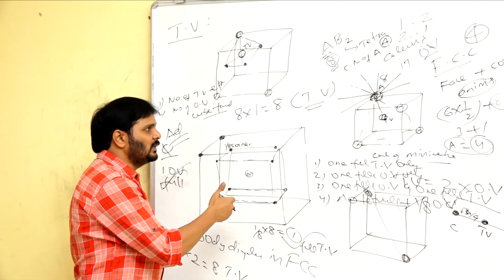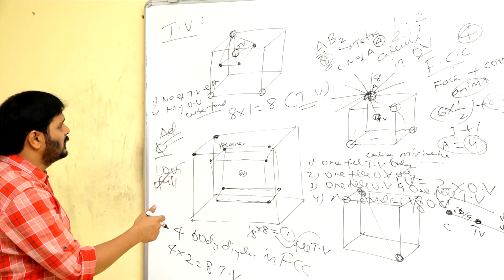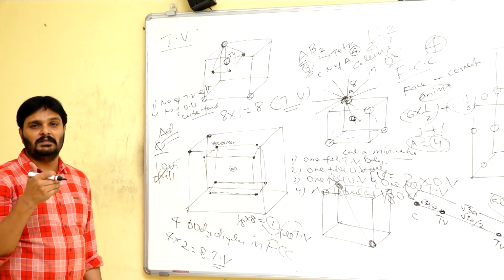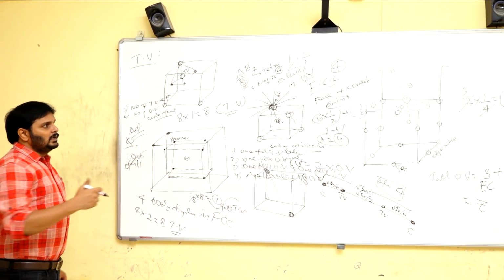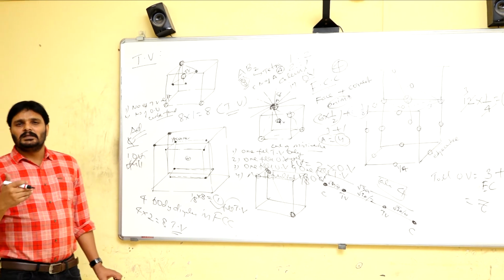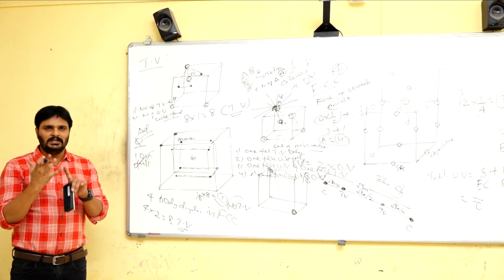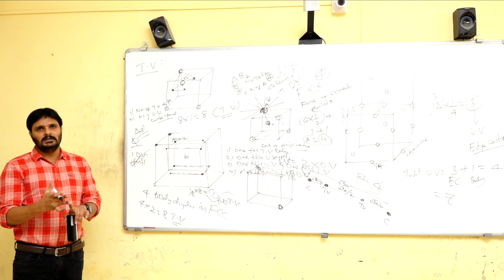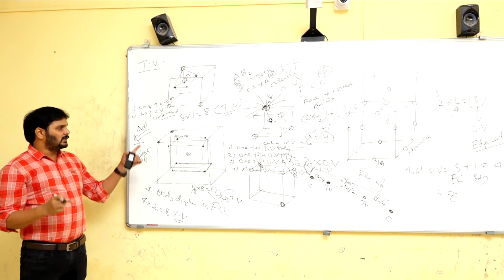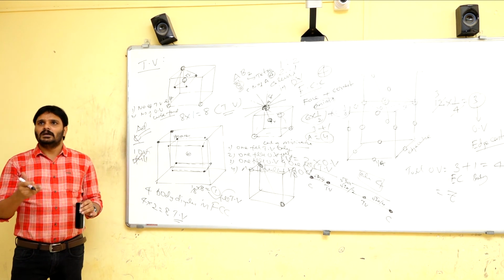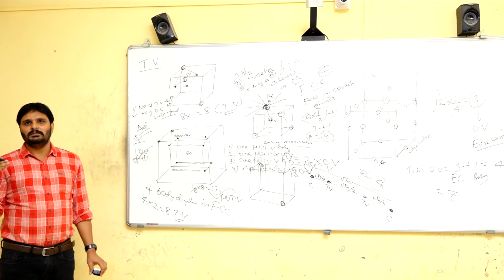This is the concept of tetrahedral voids and octahedral voids in the FCC structure. Based on these two topics, coordination numbers and neighboring atoms in simple cube, FCC and body center, and then tetrahedral and octahedral voids, now we can go on to doing some numericals.